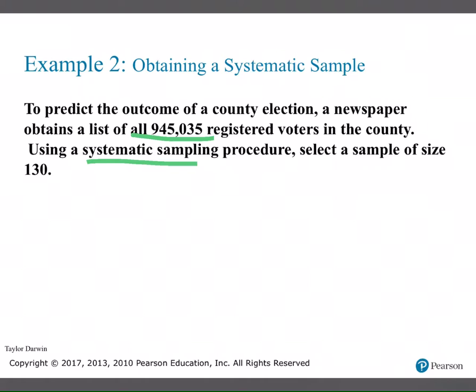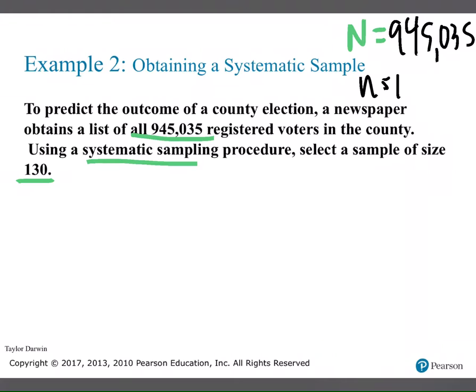Using a systematic sampling process, select a sample size of 130. So our big N is that 945 number, and our little n is that sample size, 130.